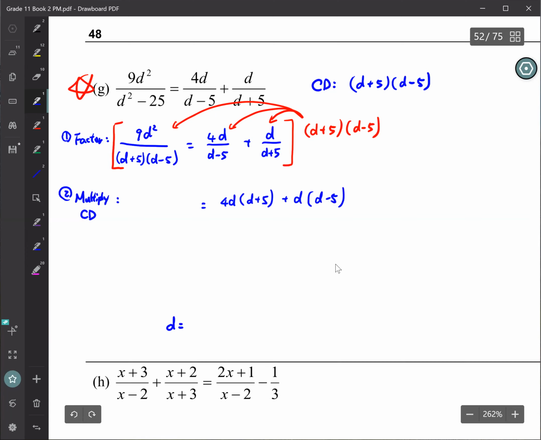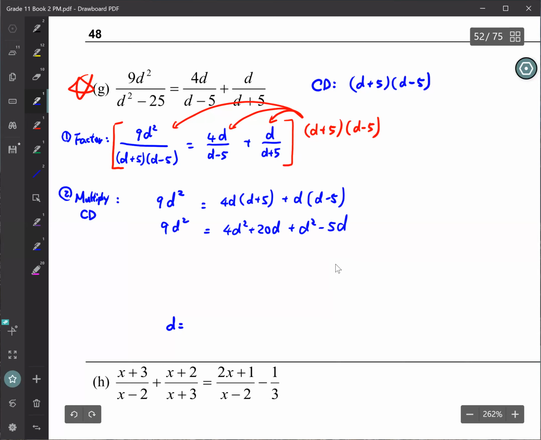How about the left side? I just left it as 9d squared, and I crossed out the bottom. Yeah, that's correct. And then I factored the right side: 4d squared plus 20d plus d squared minus 5d. All good.